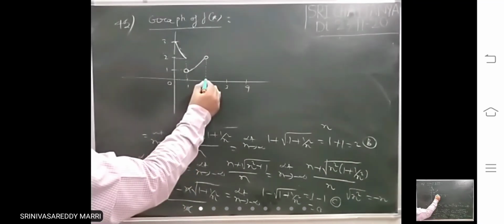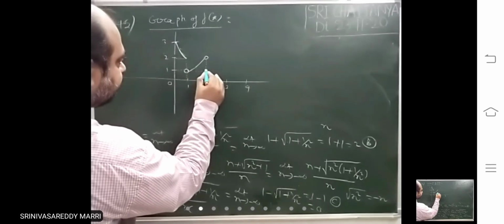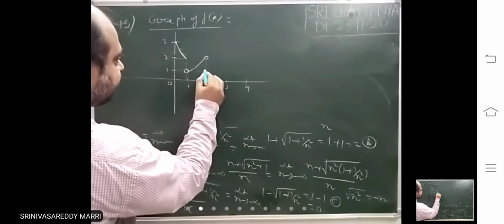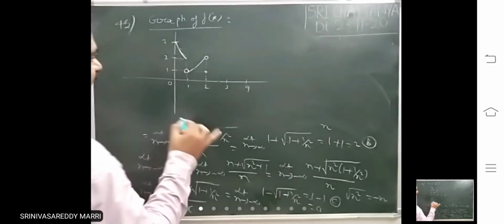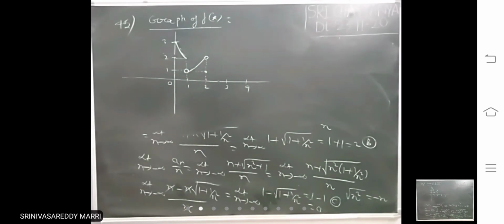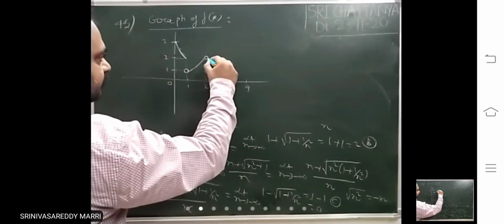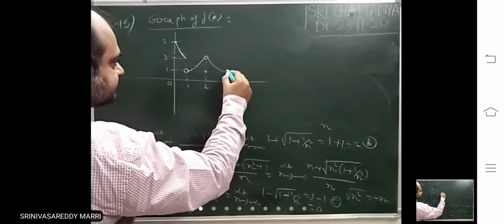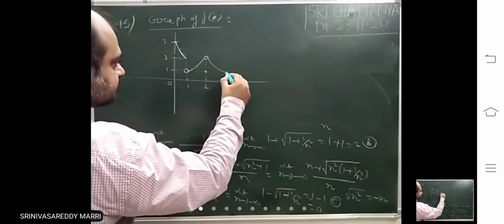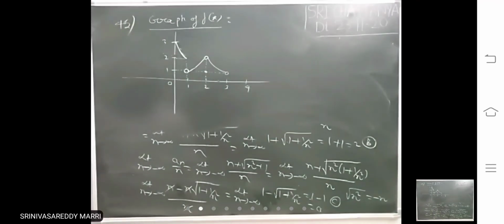At 2 the value is 1. Look at, at 2 a point is here. At x equal to 2, the y value is 1. And after that 2 to 3 is drawn again. 2 to 3 the graph is drawn like this.